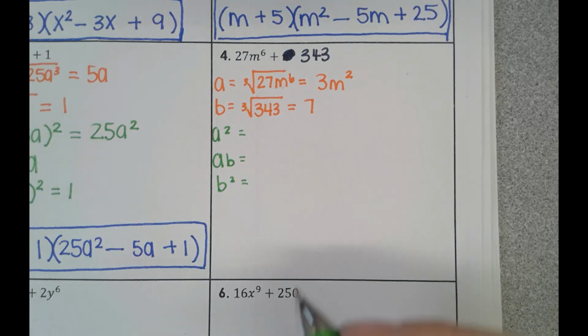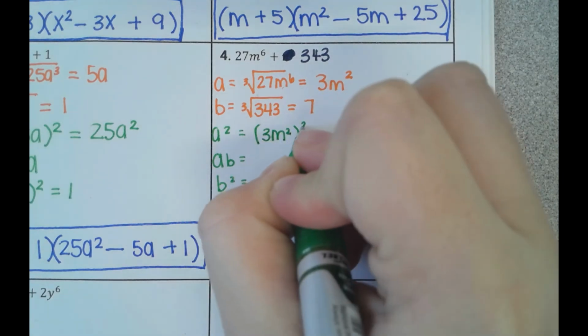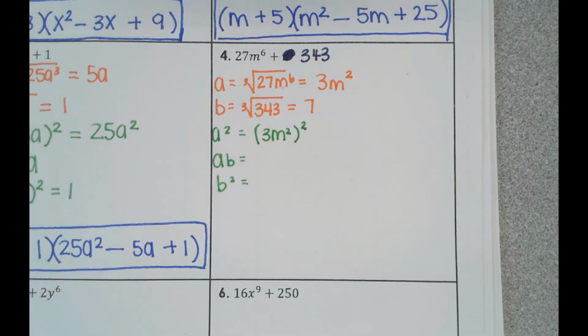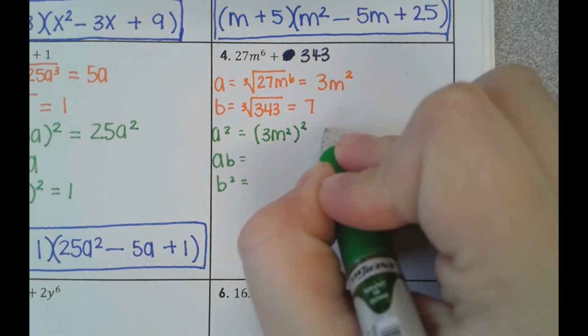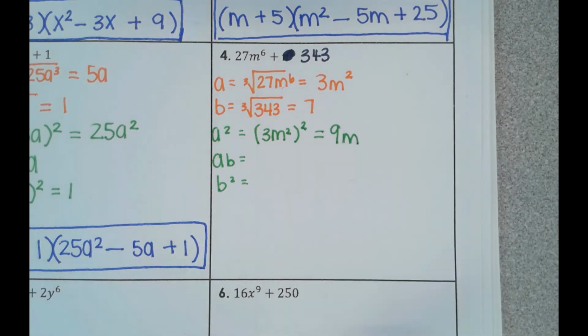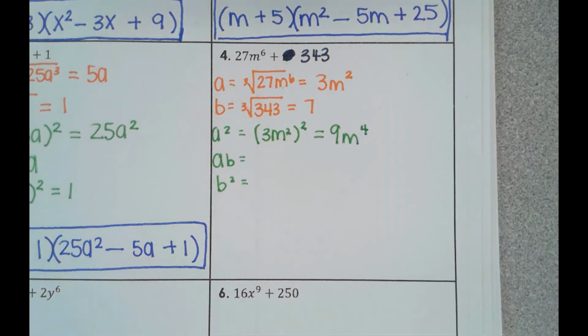Now for your a squared, got to do 3 squared first to get 9. And then for your m's, your exponent rules, you multiply the exponents. So 9m to the 4th.